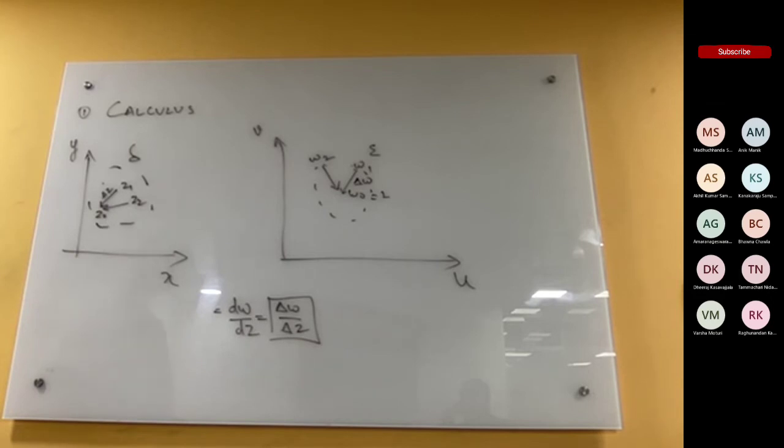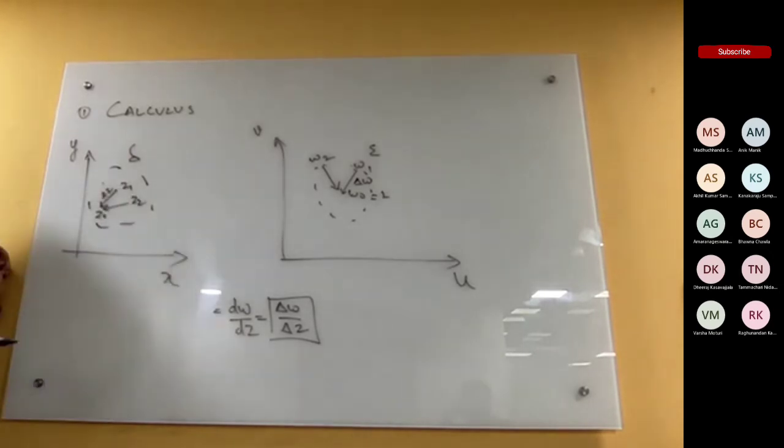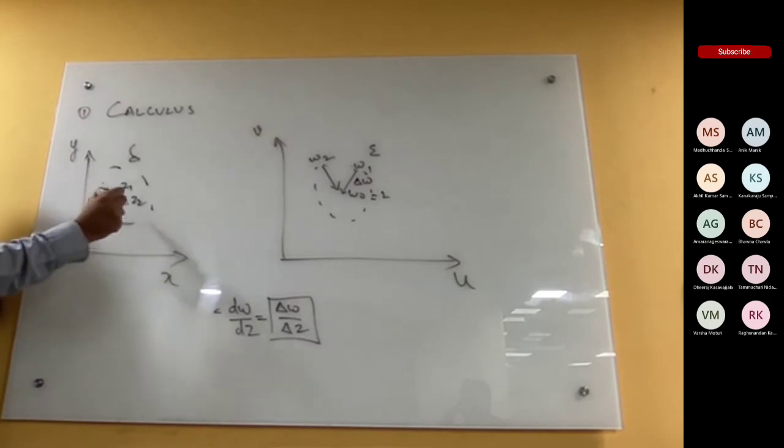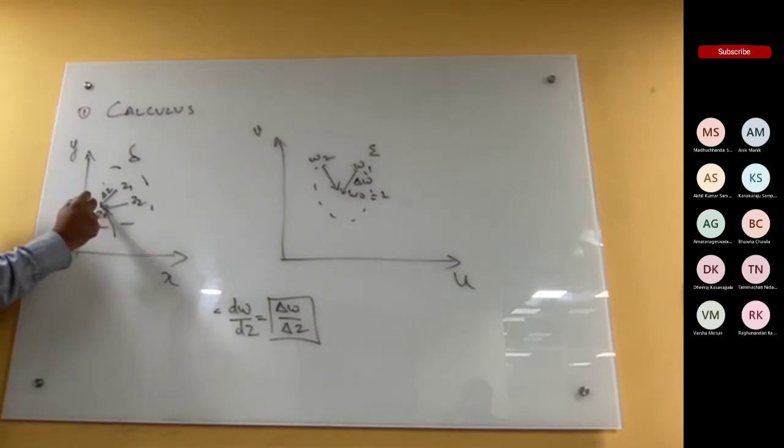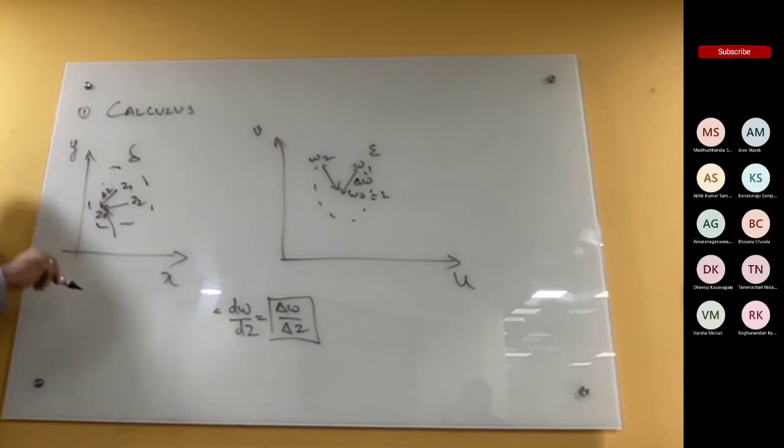Right? But the values need not be same. In complex numbers, you will find out that irrespective of whichever direction you are approaching Z0, not only will the limit exist, but the value will be same.